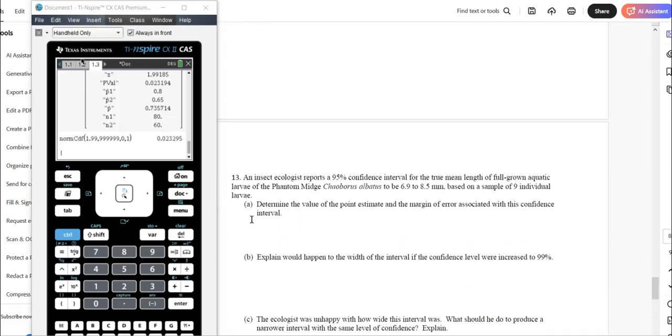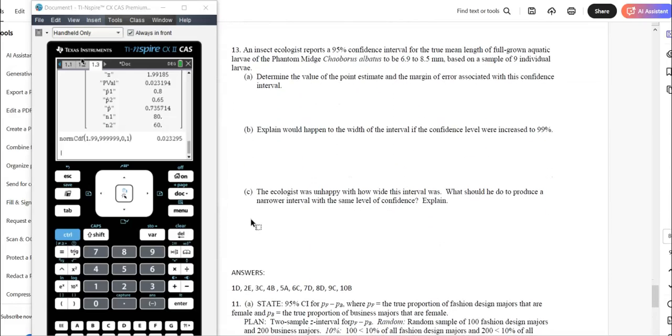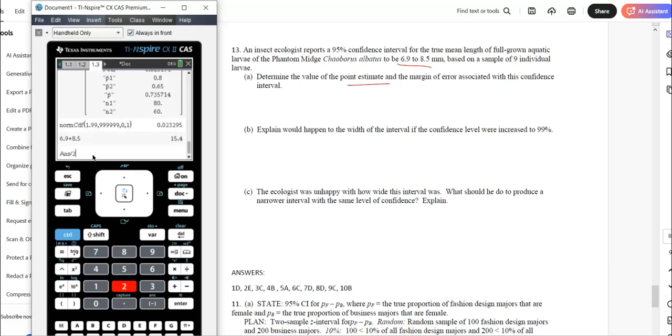Okay, and finally 13. An insect ecologist reports a 95% confidence interval for the true mean length of full-grown aquatic larvae, 6.9 to 8.5. Determine the point estimate. So 6.9 plus 8.5 divided by 2, 7.7.